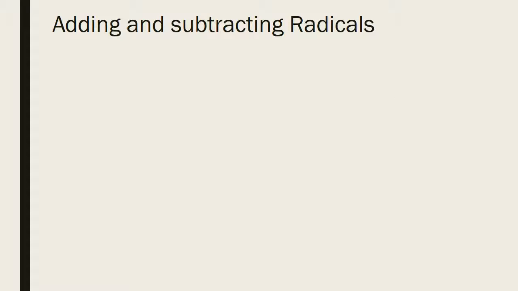Now let's talk about adding and subtracting radicals. Let's take a look at the first example. We have radical 5 plus radical 3, and we said when we add and subtract variables, we look for like terms. Working with radicals is not different than working with variables.